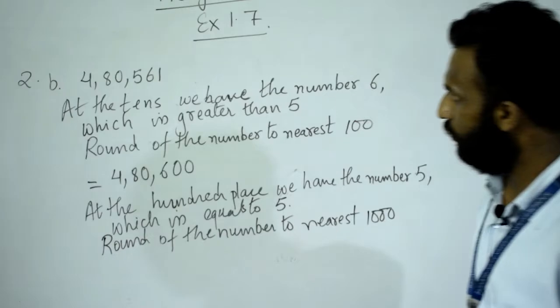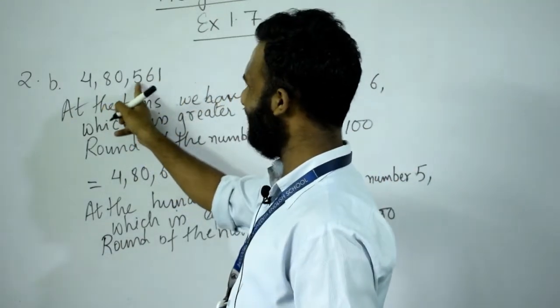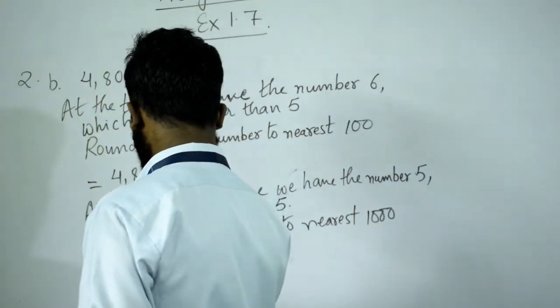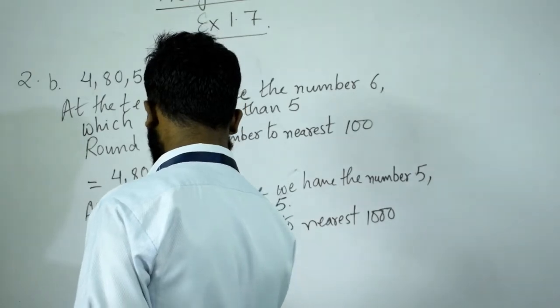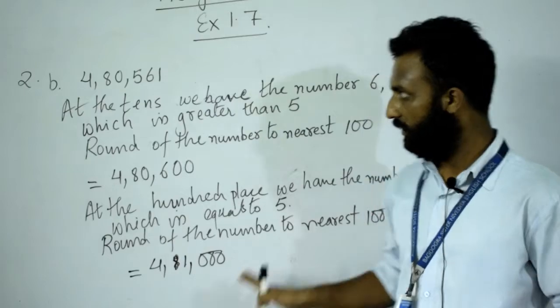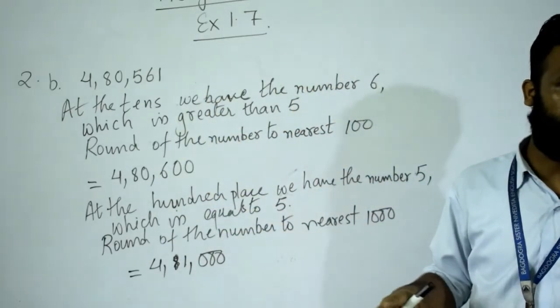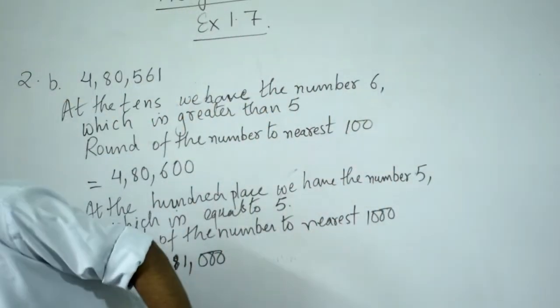So we'll change these three digits, the 100, tens and ones places, to 0, and we'll add 1 here. So it will be 4,81,000. This is how you will do question number 2b.